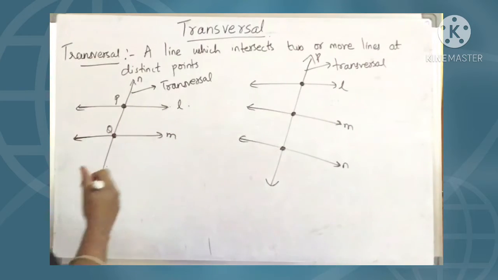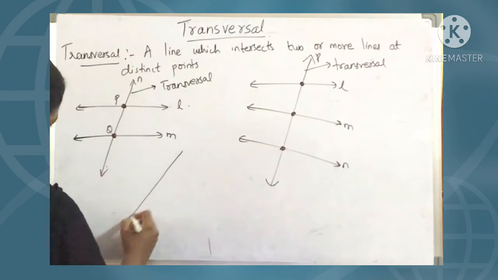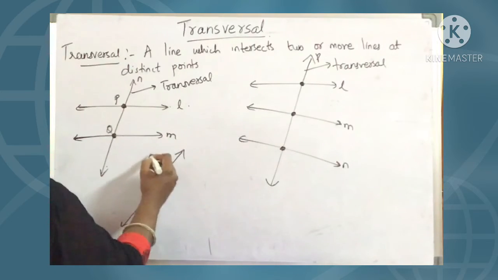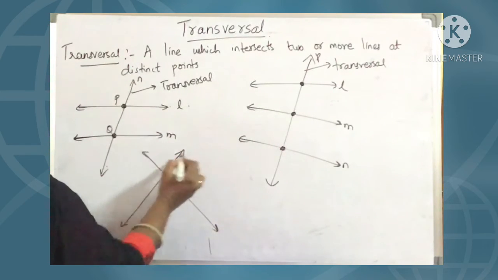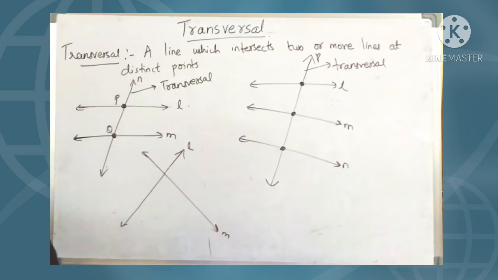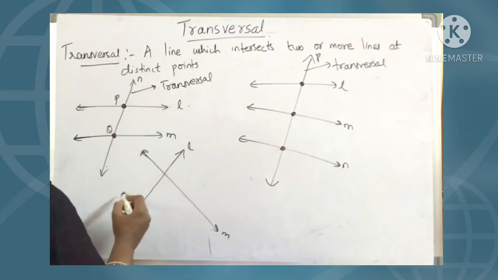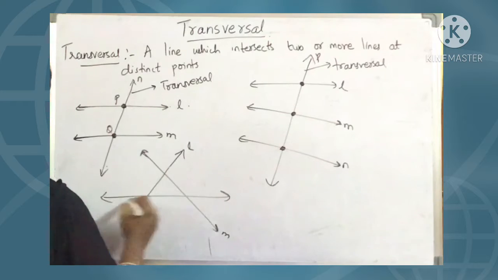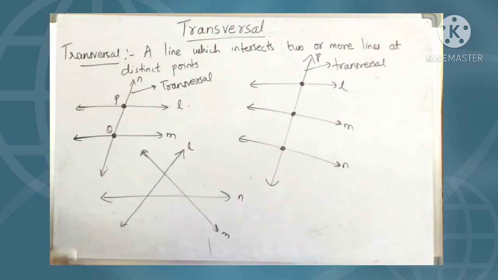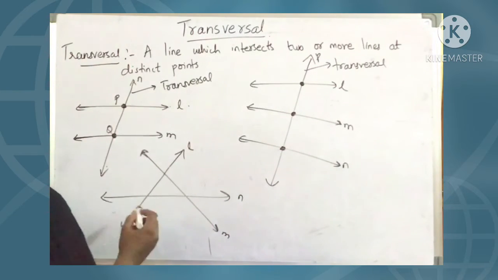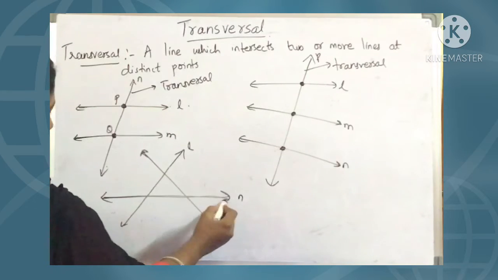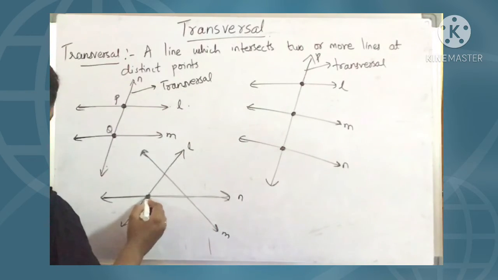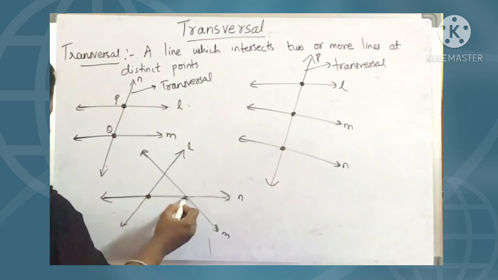For example, if I consider one more thing, this is one line and this is one line. Suppose this is L, this is M. Now I draw another line like this. This is N. Which is the transversal here? If you observe, the line N is intersecting line L at this point and line M at this point.